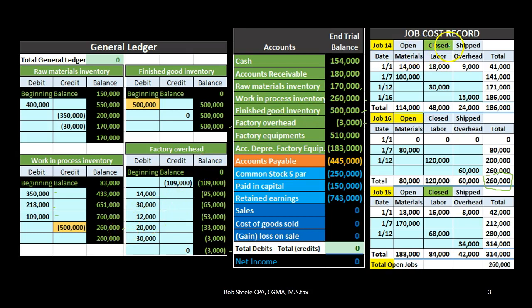The other 2 jobs are closed, indicated by this green item here, and therefore these amounts of $186,000 and $314,000 are going to be included in the finished goods inventory, available for sale, ready for sale. Once sold, it then moves from finished goods to the expense account of cost of goods sold.